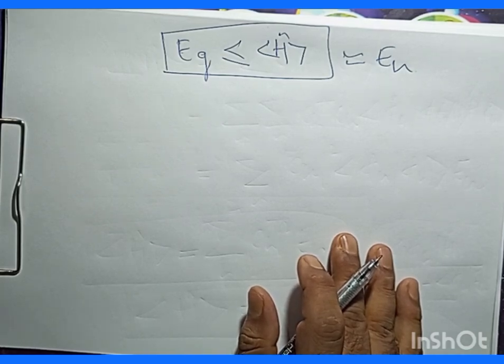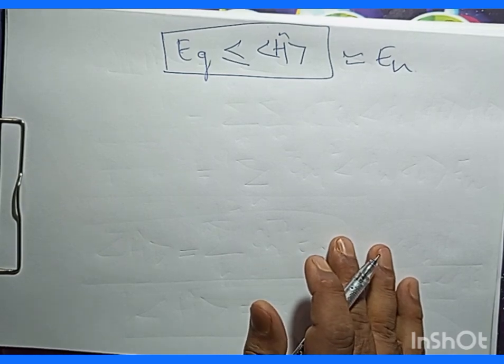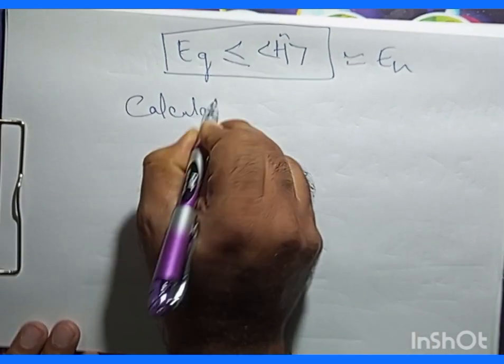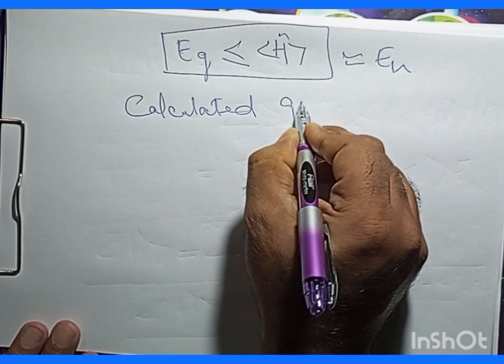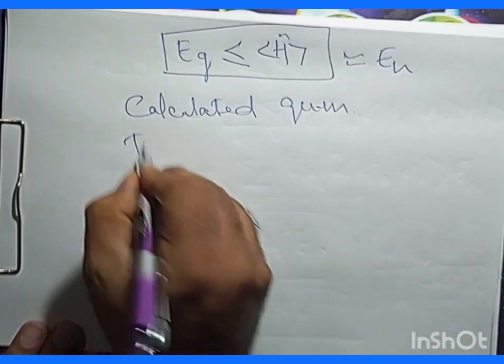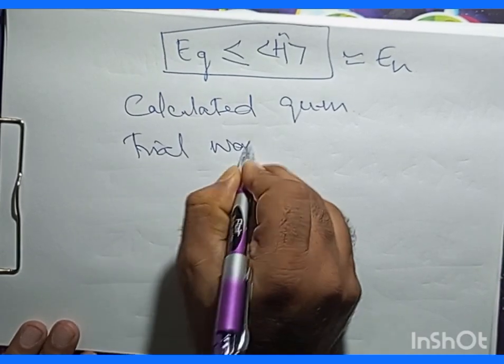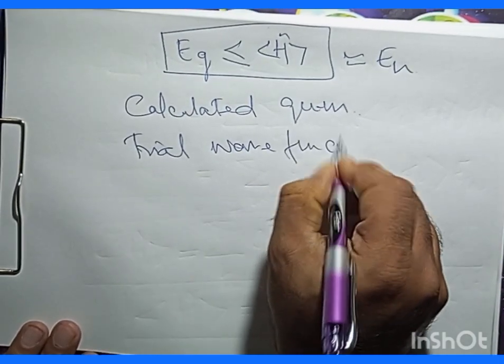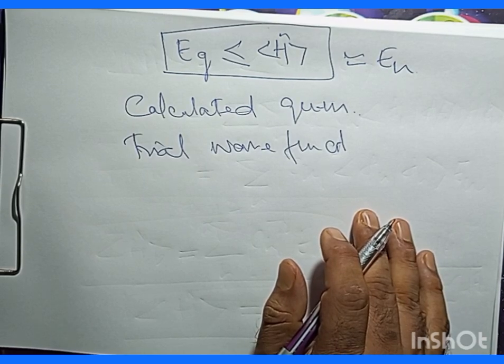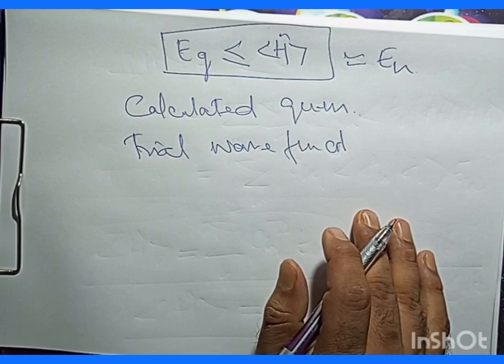Now, what happens in general to calculate the ground state and the ground state energy is that we have to make a calculated guess of this trial wave function. This trial wave function contains all the physical properties of the ground state.